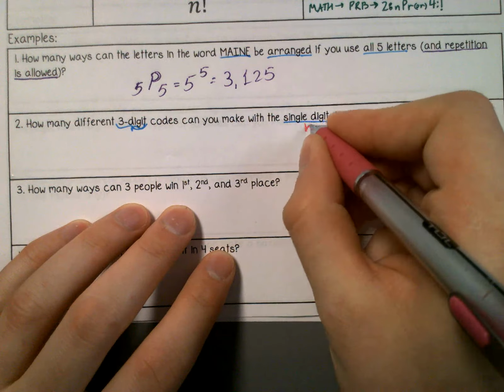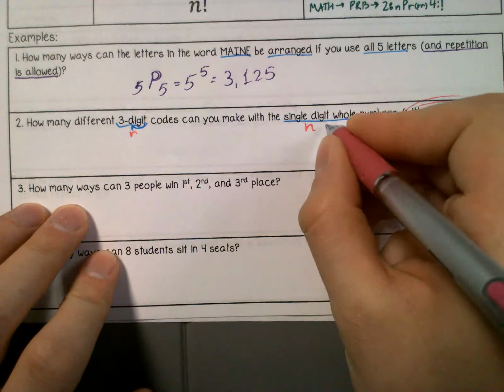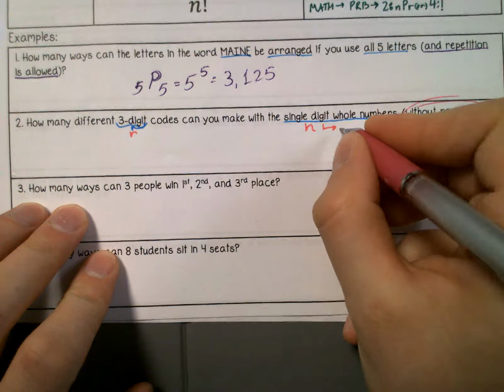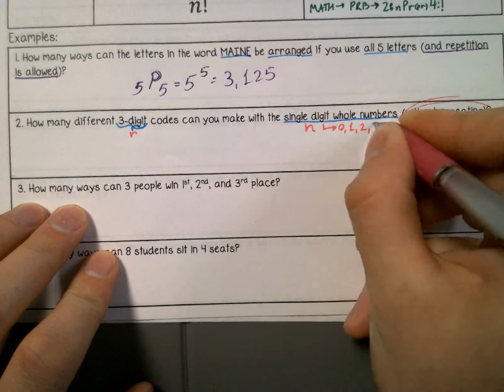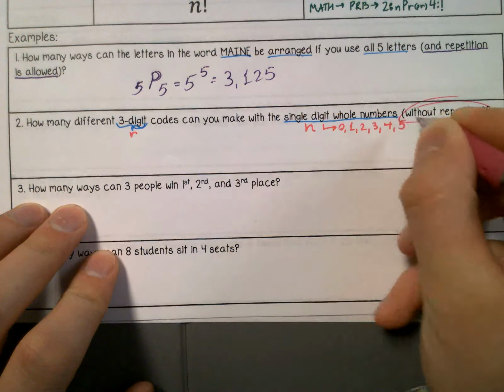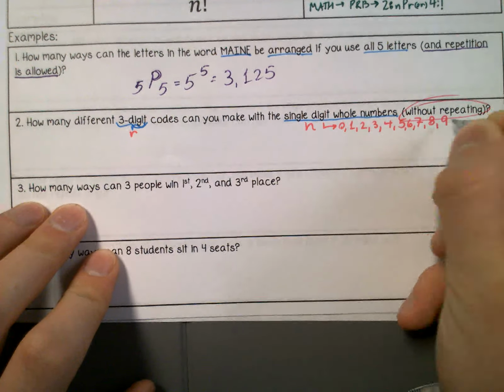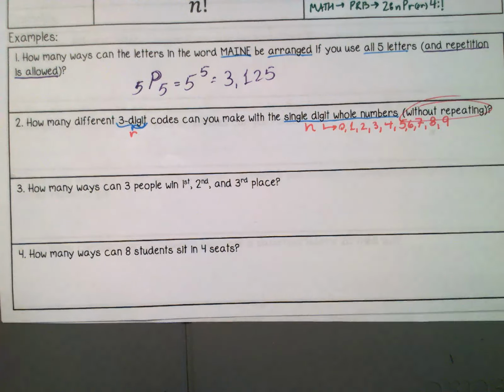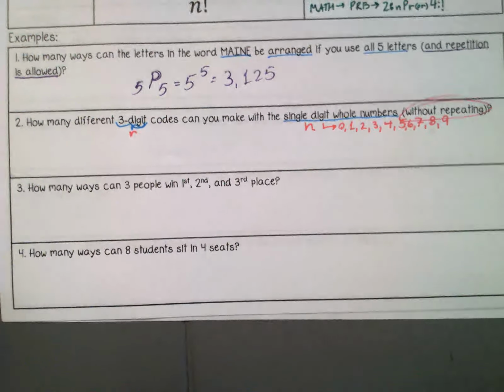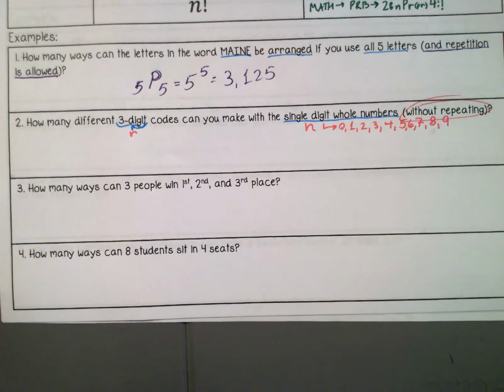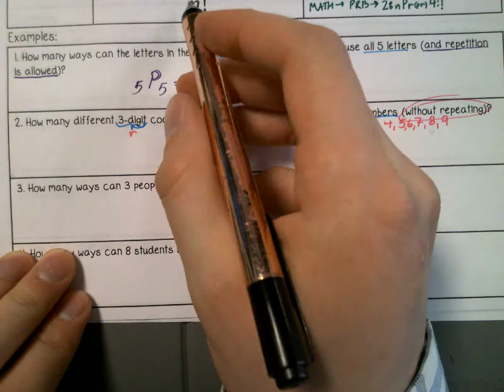We know that this is going to be N. We know this is going to be R. And it's talking about digits. So that's going to be 0, 1, 2, 3, 4, 5, 6, 7, 8, and 9. Those are my digits. There are a total of 10 of them. So N is going to be equal to 10, which means we're not repeating. So we're going to use the second equation.